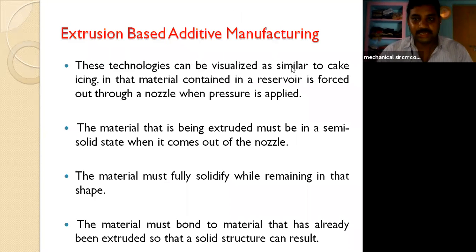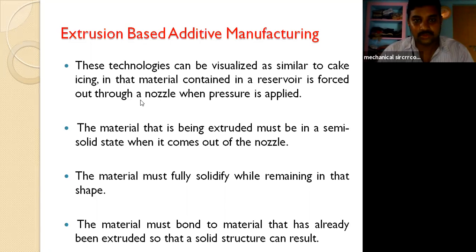And slicing is similar to cake slicing. When you cut the solid object into different similar geometrical pieces, similarly the laminated sheets are cut off one after another, and finally we get the three-dimensional object.